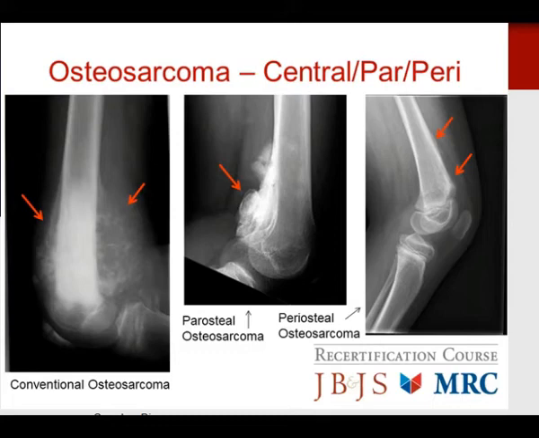The image to the right is a high-grade surface osteosarcoma, the periosteal osteosarcoma. I like to remember this because the periosteum rides on the surface of the bone, and this lesion almost occurs in the periosteum. It spares the metaphyseal and intramedullary portion of the bone, and grows out off of the surface as if it arises from the periosteum.